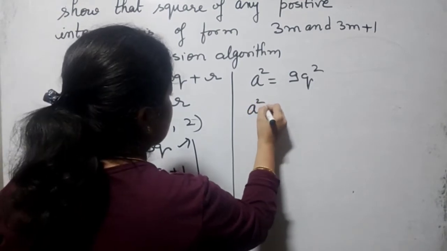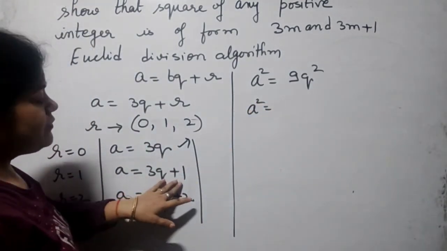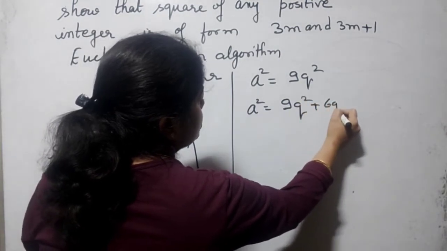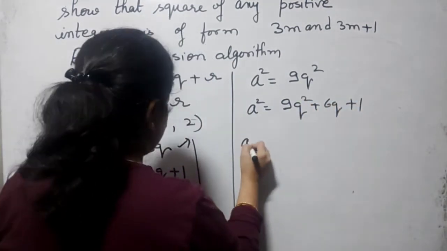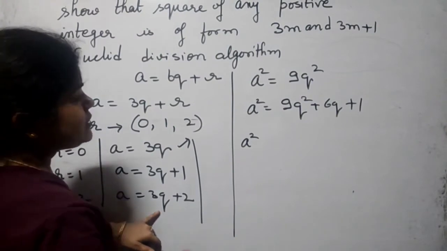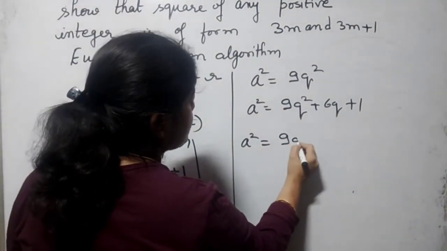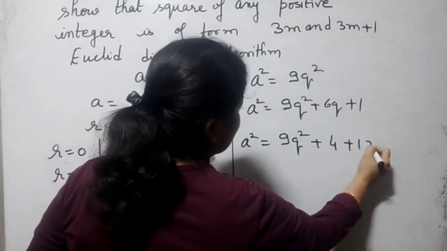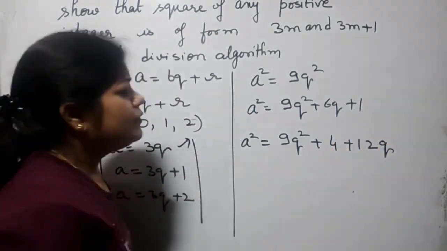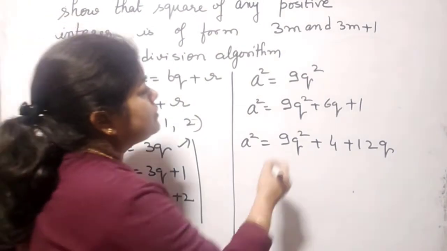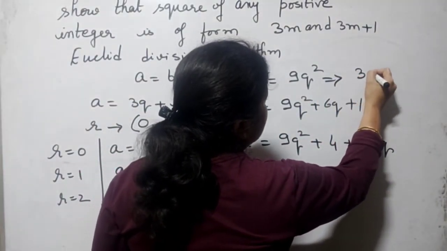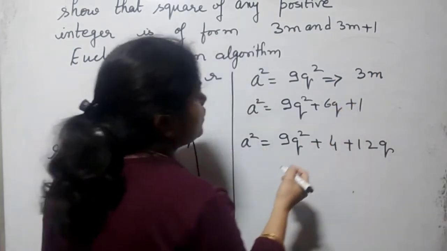Then when we square 3q plus 1, we get 9q square plus 6q plus 1. Similarly, when we square 3q plus 2, it becomes 9q square plus 2 2s are 4, plus 3 2s are 6, 12q. So the first can be written in the form of 3m.